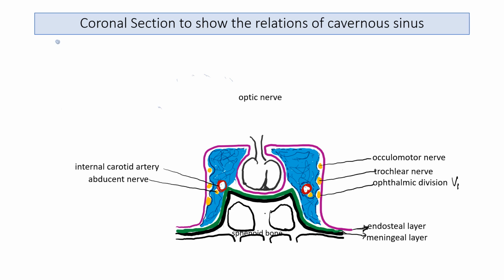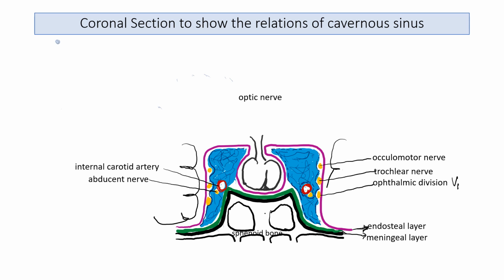What are the medial relations? The medial relations are the meningeal layer with the hypophysis cerebri, and here in the lower part of the medial side, the endosteal layer and the sphenoidal air sinuses. So these two structures will make the medial relation, whereas laterally it is going to be related with a part of the brain, which is the part of the temporal lobe.